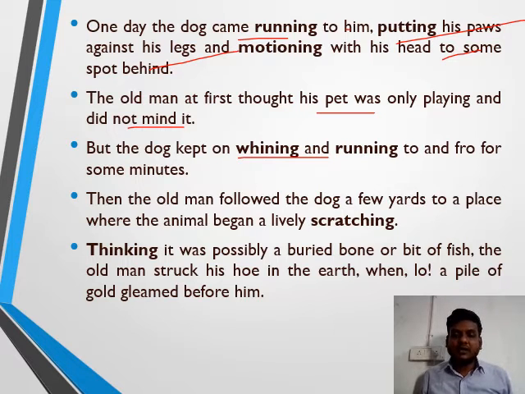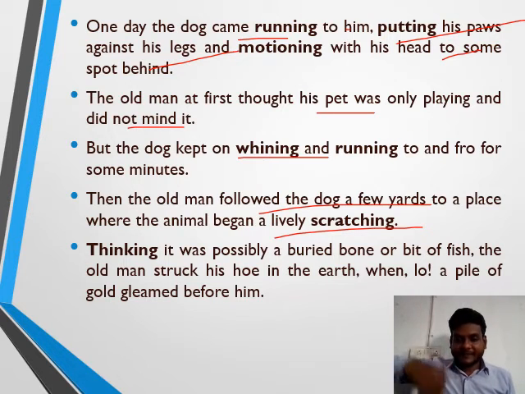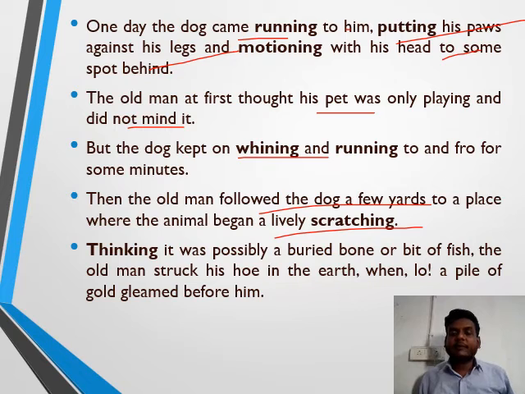Then he followed the dog a few yards to a place where the animal was scratching, meaning digging the soil. Thinking possibly it was a bone or a bit of fish, the old man struck the hoe to remove the soil on the surface.